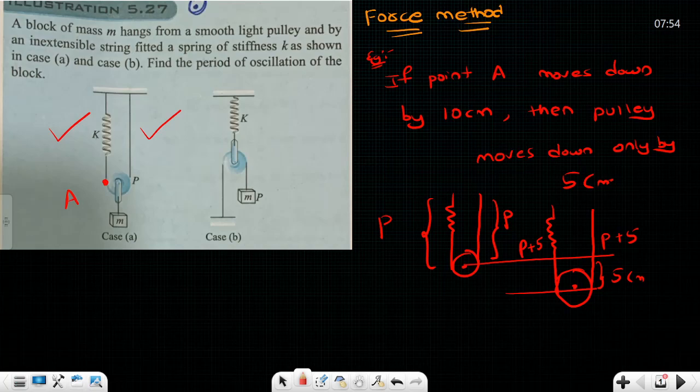Then only will this side thread length and this side thread length be equal. That is what is happening in reality. I think you understood.